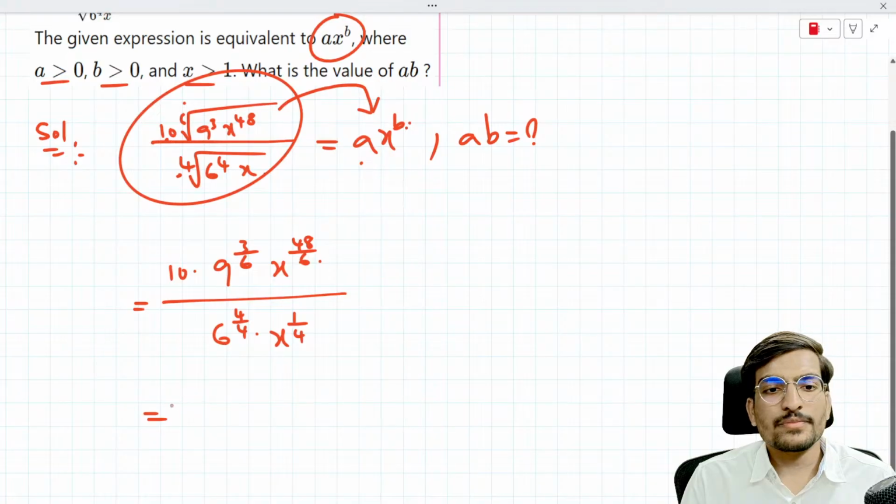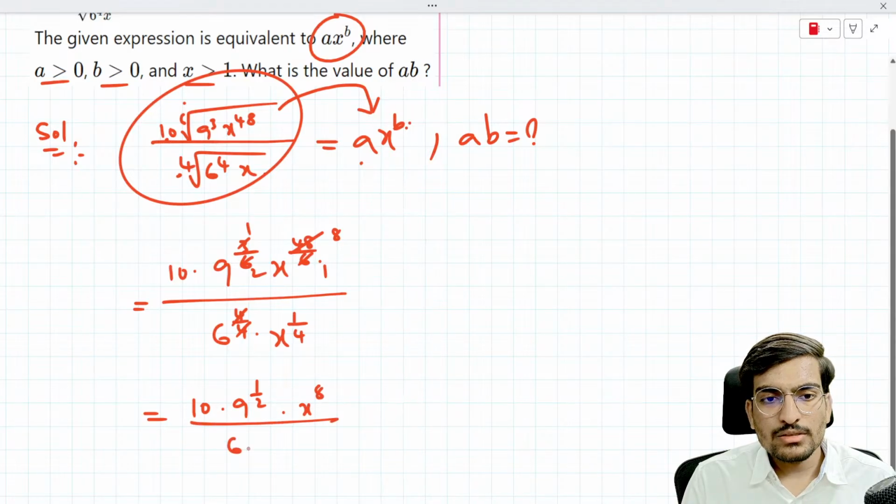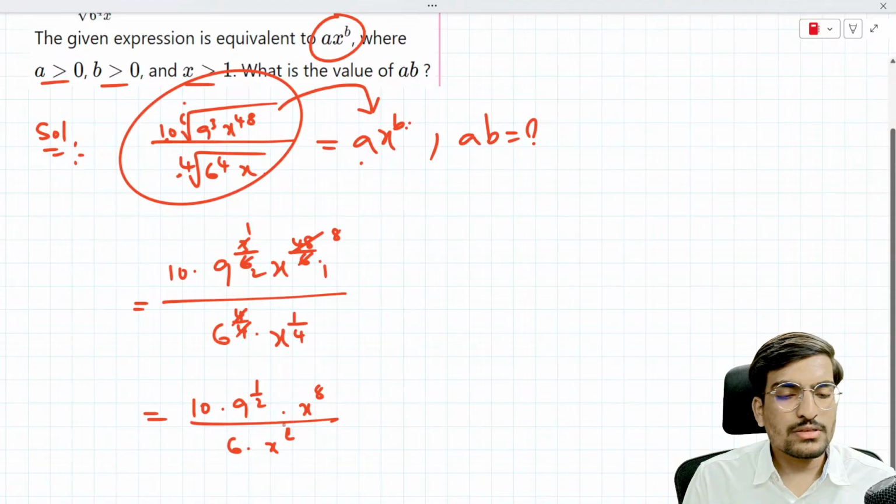So now what do we get? 4 4 cut, 3 1s 3, 2, 6 1 6 8. So let's write that part: 9 power 1 by 2 x power 8 divided by 6 x power 1 by 4. Saidu Rahman just texted that.